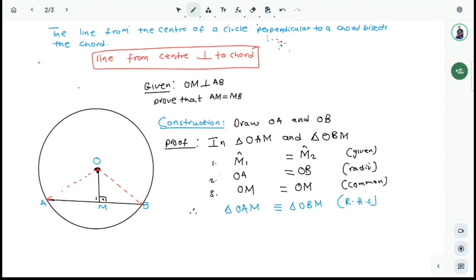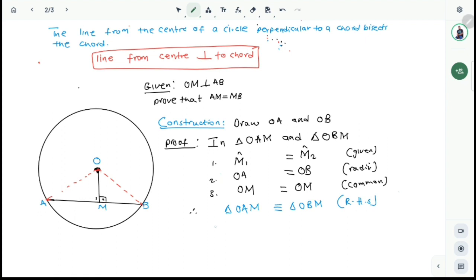Some people can say it is angle-side-angle or side-angle-side, because we have got two sides and one angle. Even that is correct, guys, but I prefer to use RHS because this letter R shows me that I am dealing with triangles having 90 degrees on them.